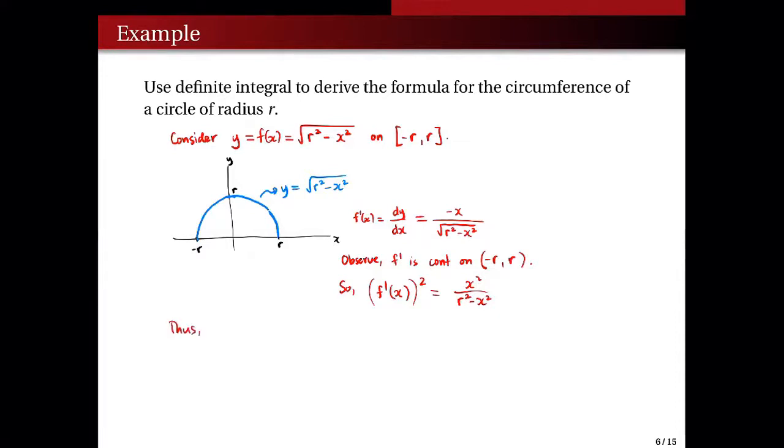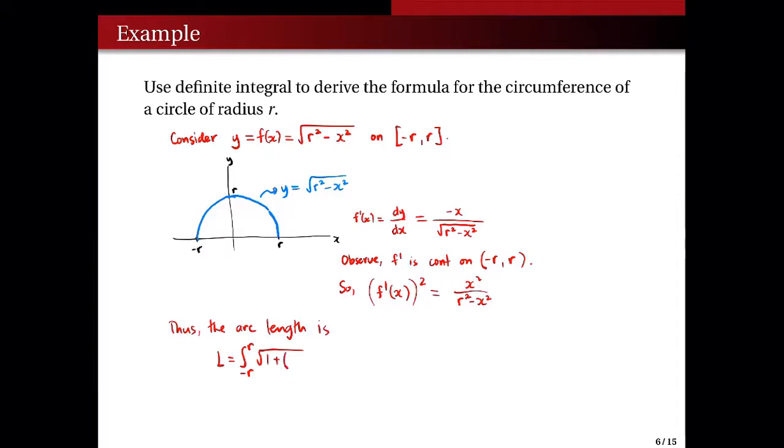Thus, the arc length L is the integral from negative r up to r of the square root of 1 plus f prime of x squared.